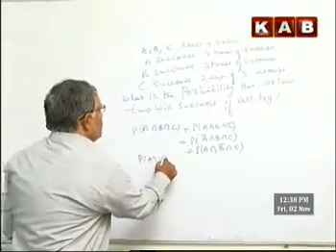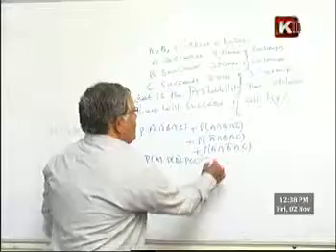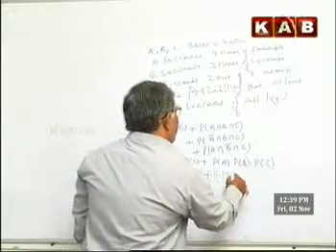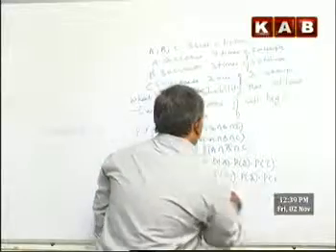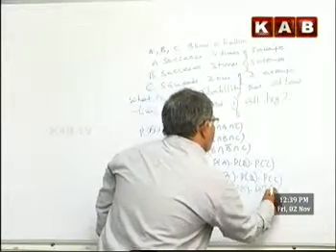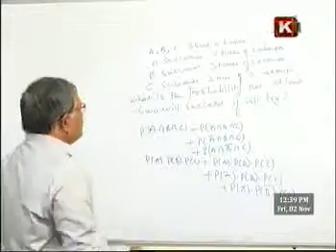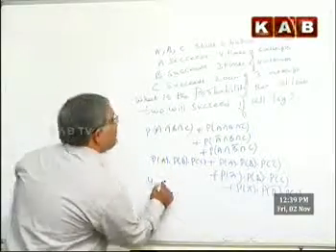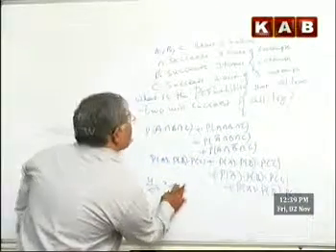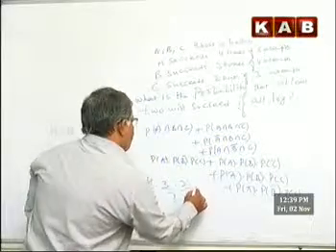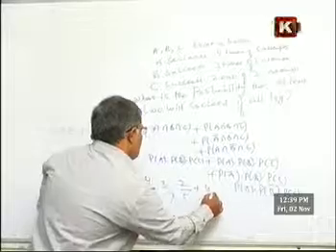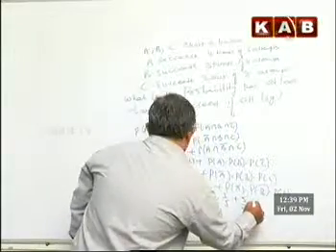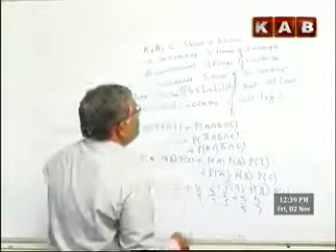So probability of A into probability of B into probability of C plus probability of A into probability of B into probability of C bar plus probability of A bar into probability of B into probability of C plus probability of A into probability of B bar into probability of C.